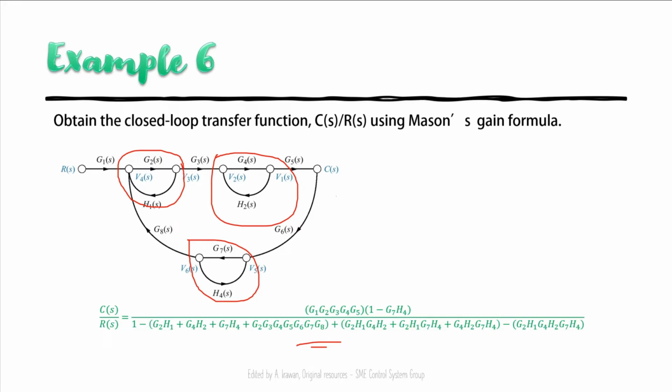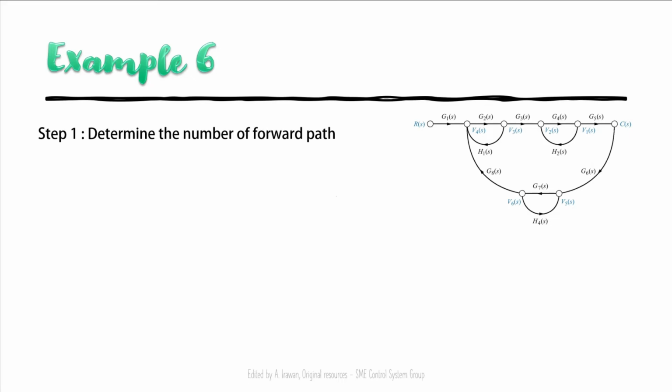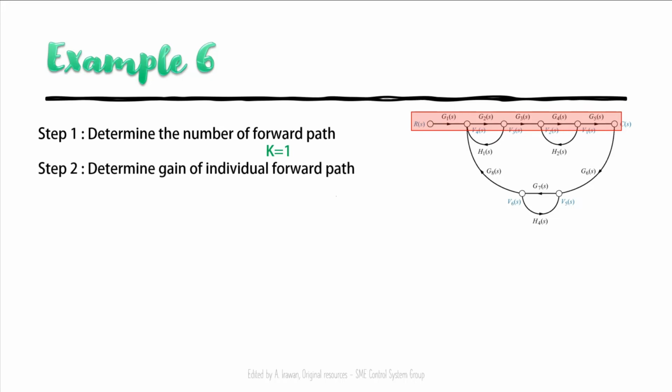Okay, we go back to the steps. Firstly, we need to determine the forward path. For this case, we only have one forward path, we only have one input, so that is a forward path for this SFG. Okay, so the k is 1 again, same as the previous example.